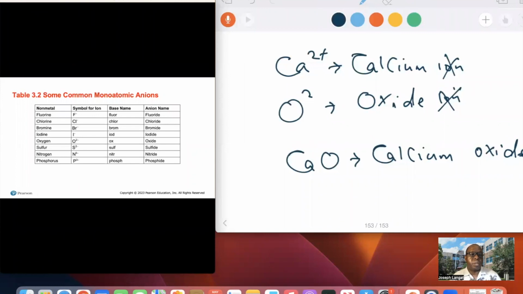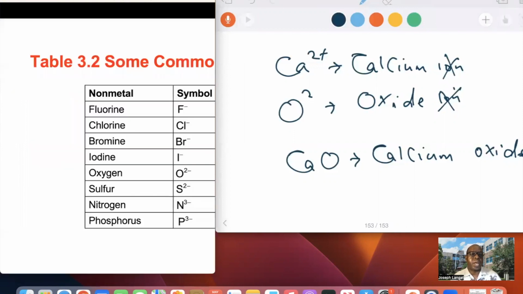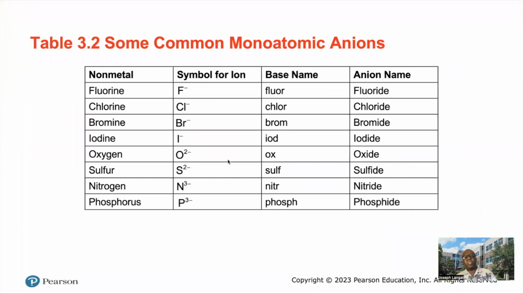This is naming of monoatomic anions. Anions are negatively charged, and take note of how the suffix is changed to -ide.